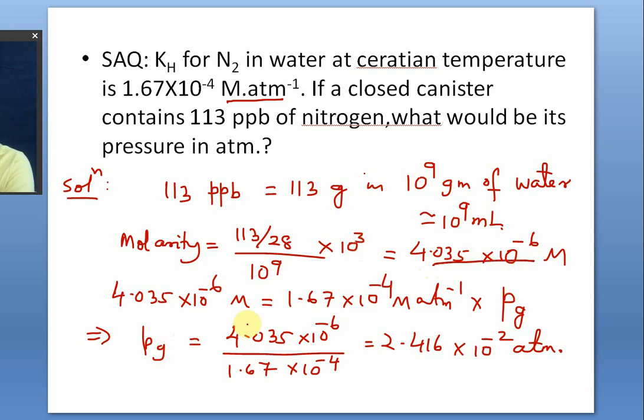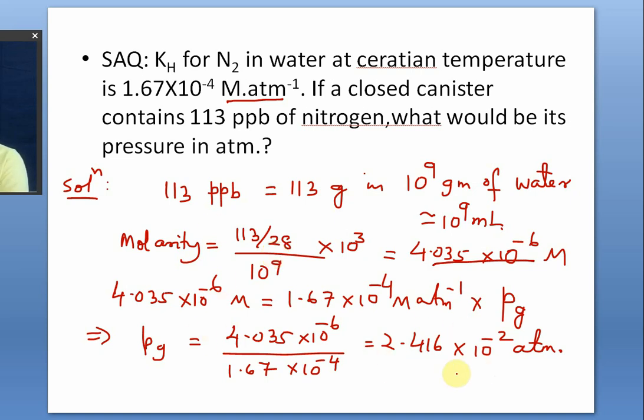Once you know the molarity, use the reverse, as I used to call it, reverse Henry law. Because the original Henry law has come from the Raoult's law concept. But throughout the world, it is more popular now to use the reverse, with pressure on the right side and the solubility on the left.